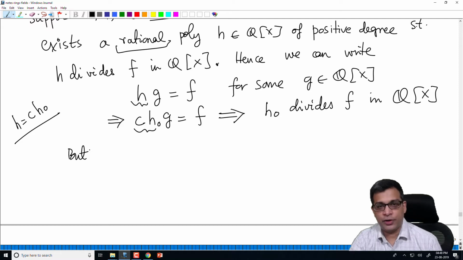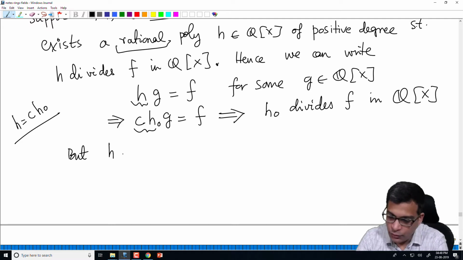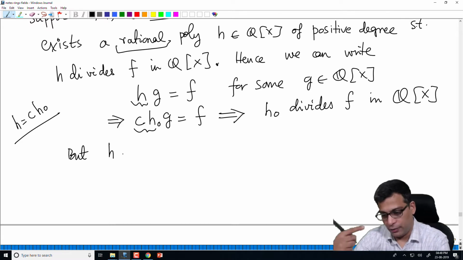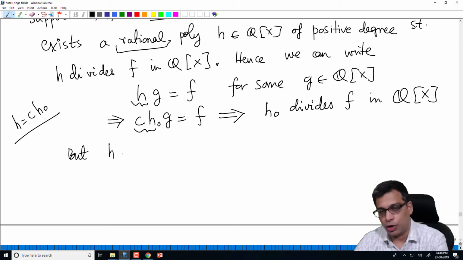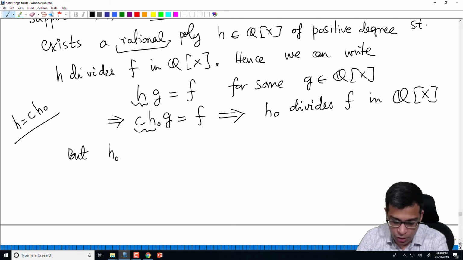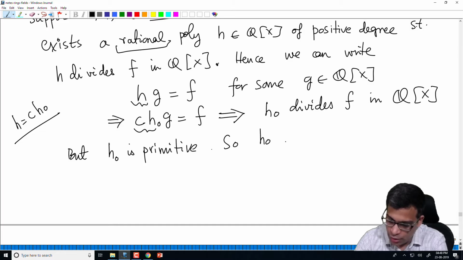But what did we prove in the previous proposition? If a primitive polynomial divides another integer polynomial in Qx, then it divides that polynomial in Zx also. But h0 is primitive by construction, right?